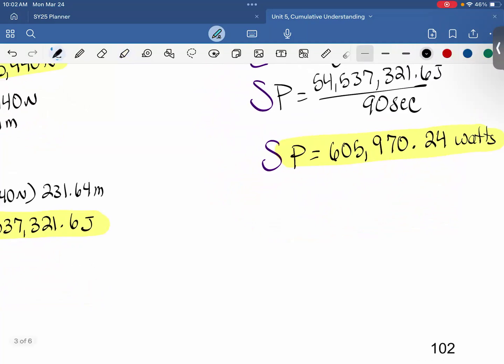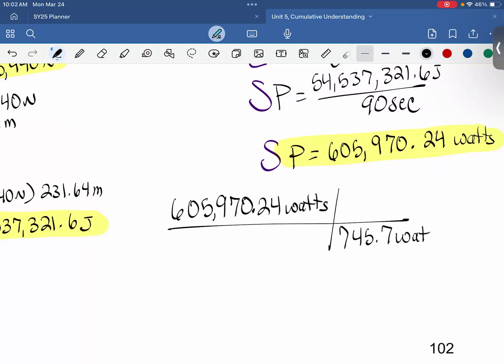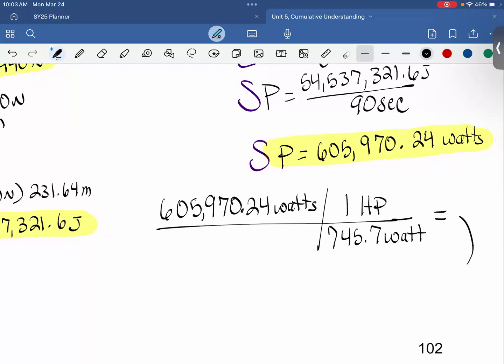So we're going to take this number, and if you remember the conversion factor to go from watts to horsepower, we're just going to divide by 745.7 the amount calculated to get this into horsepower.